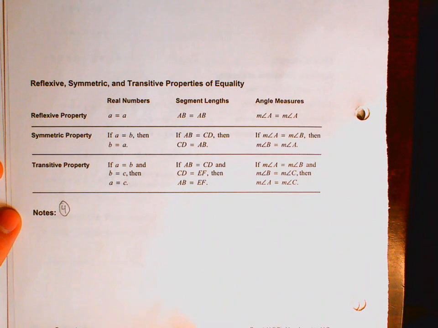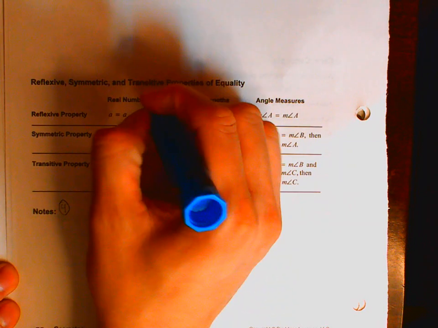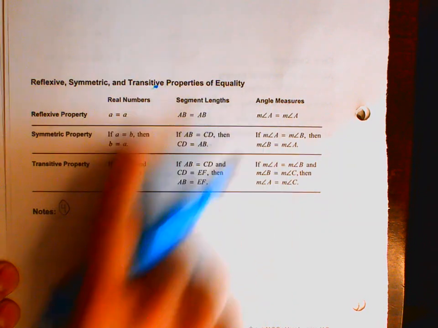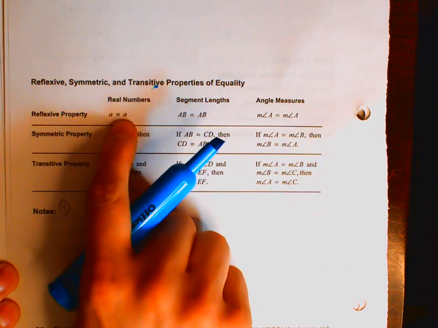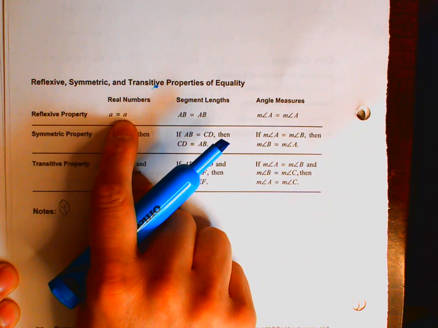All right, now here are the fun ones. Reflexive, symmetric, and transitive properties of equality. Let's take a look at a few of these. The ones that we already knew about are these right here. You have the reflexive property of real numbers, meaning that a number is equal to itself.